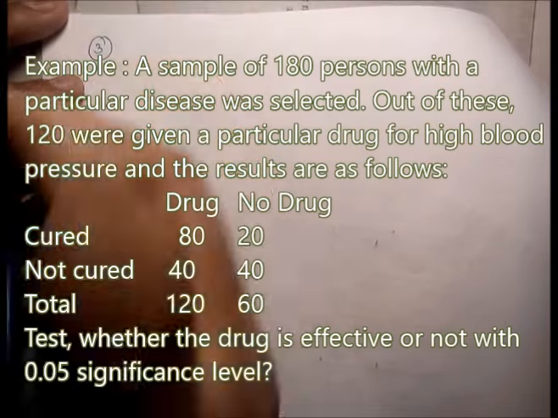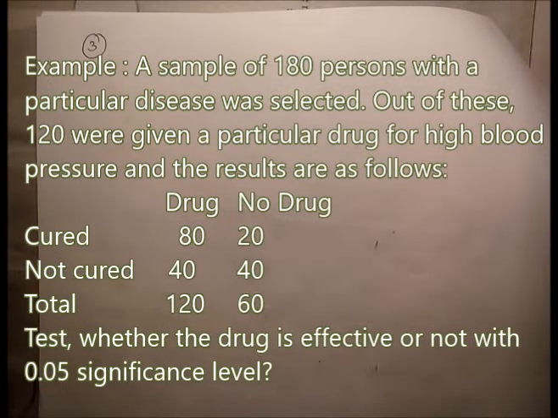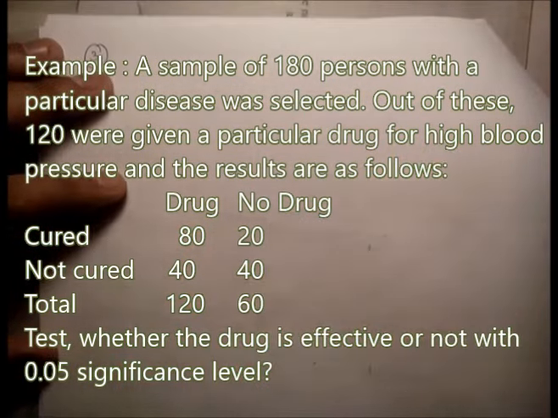Now see one example. A sample of 180 persons with a particular disease was selected. Out of these, 120 were given a particular drug for high blood pressure, and the results are as follows.